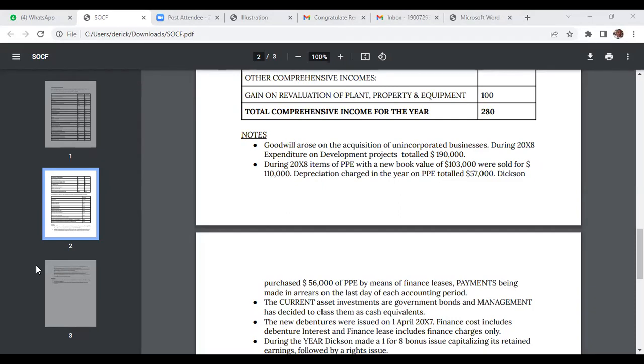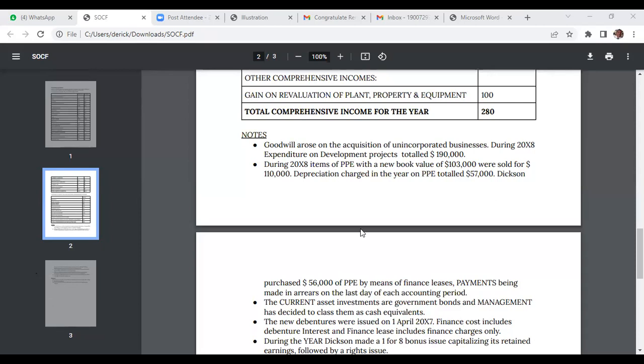It is 57, and still this one reduces our assets. You know that for a fact. But we also know that this depreciation is a non-cash flow item, so we know for sure it was included in our profit or loss. So we come and adjust for it. It falls under non-cash flow expenses. So you say depreciation for the year, 57 was an expense, so you put it here, add it back, and you're good to go.